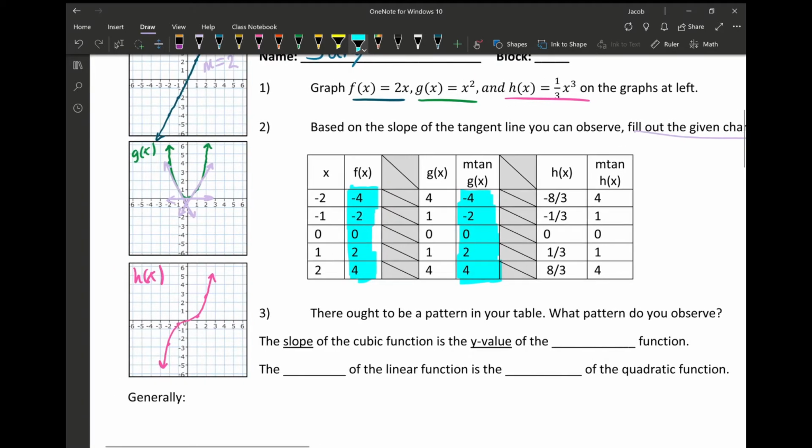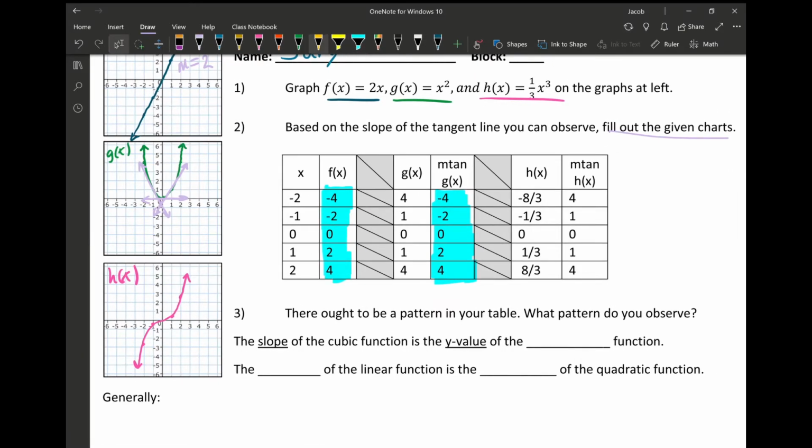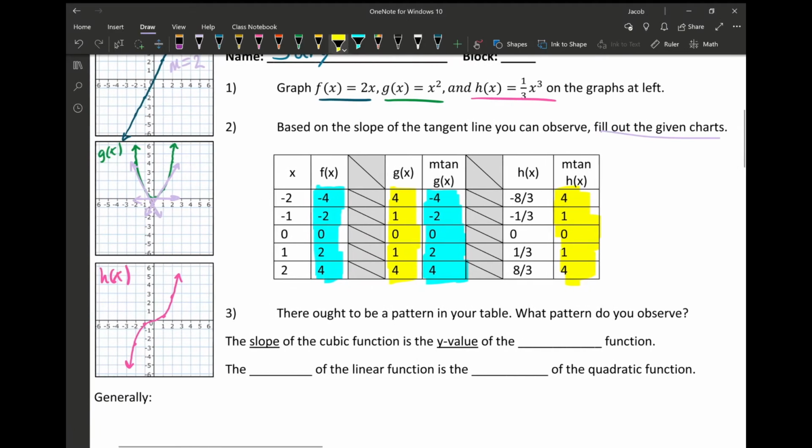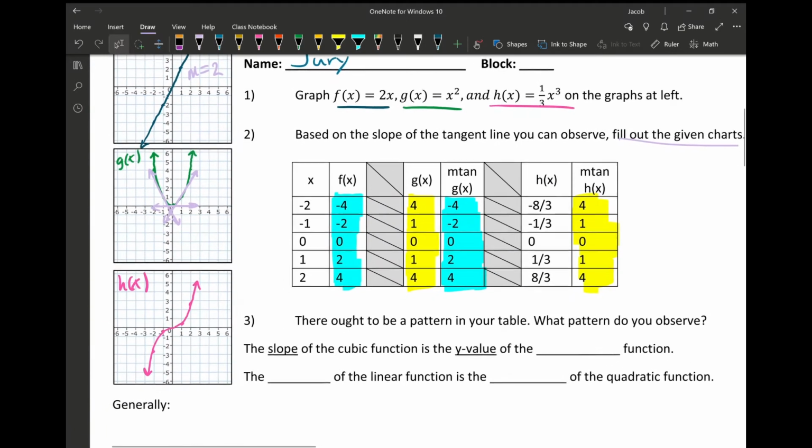And likewise, the y values of g of x are the same as the slope values of h of x. So clearly there's some relationship happening between all of these graphs.